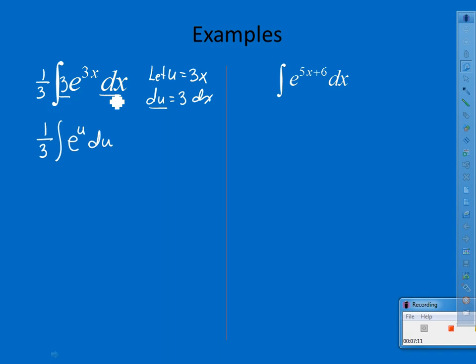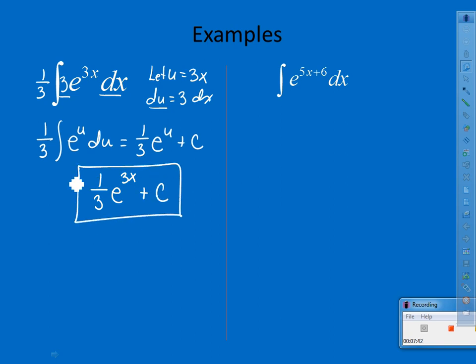But that 3 dx becomes du. E to the 3x becomes e to the u. But the antiderivative of e to the u is e to the u, so this really becomes 1/3 e to the u plus c. So my final answer, 1/3 e to the 3x plus c. There's my answer to that one.